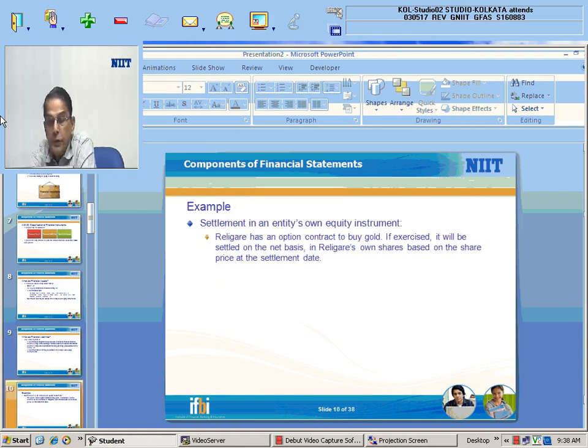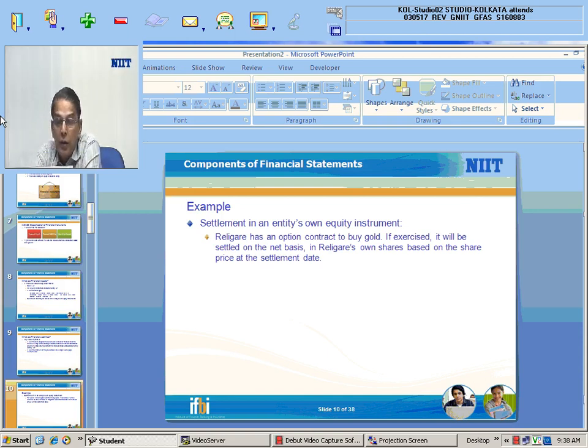Supposing Religer has an option contract to buy gold. If exercised, it will be settled on the net basis in Religer's own shares based on the share price at the settlement date. So Religer has entered into an option contract.